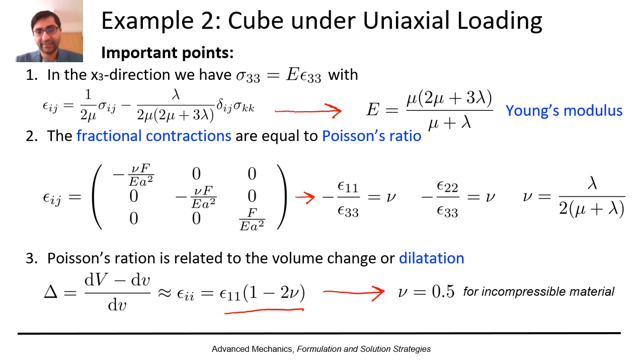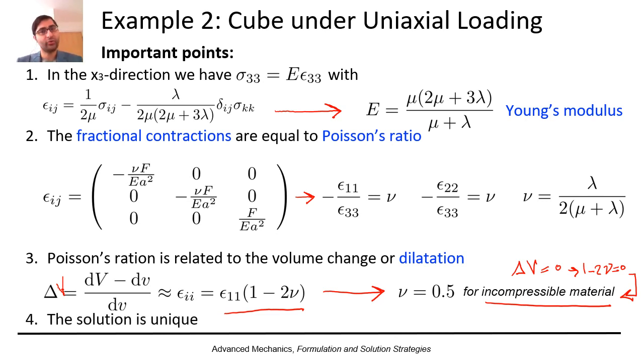And it says that if the material is incompressible, meaning that delta V is 0, then 1 minus 2 nu is 0. So for incompressible material, nu is equal to 0.5. And the solution is unique.